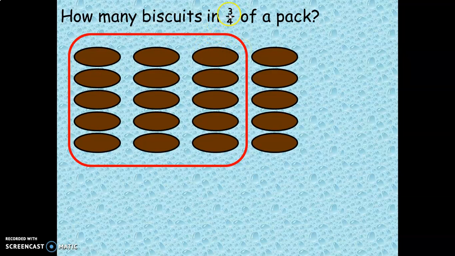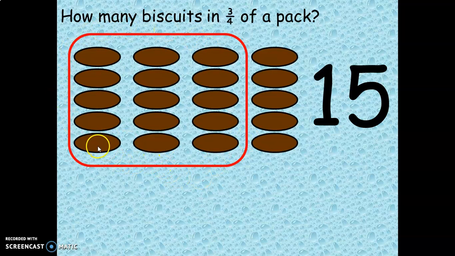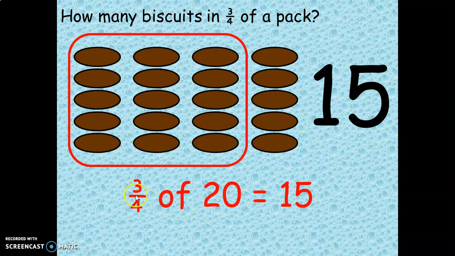How many will 3 groups get? That means it is 5 plus 5 plus 5. You get 15. Well done. So we found that 3/4 of 20 equals 15.